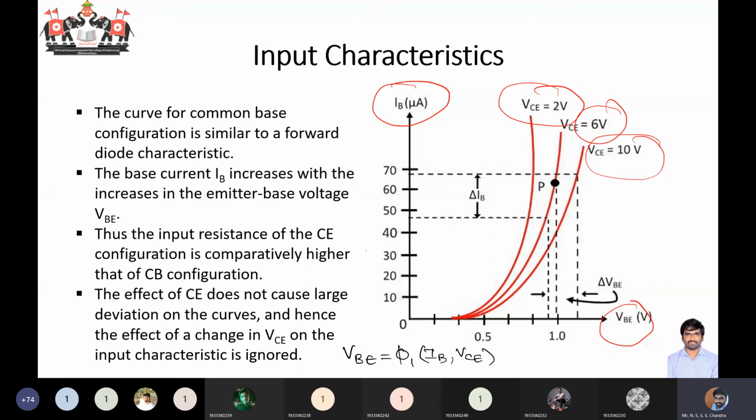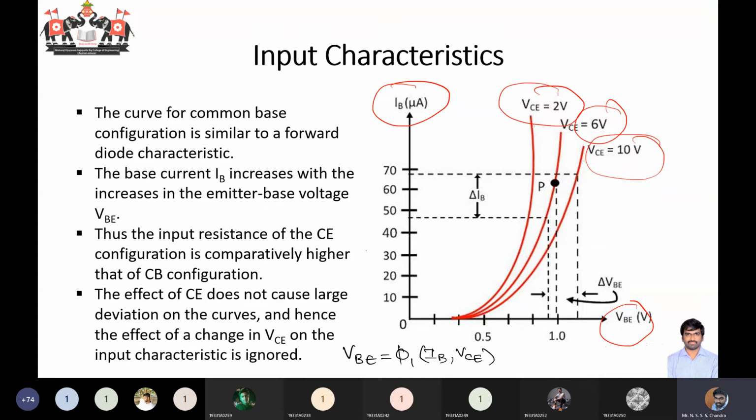So let us see for a given value. When VCE is equal to 2 volts, you get a graph very similar to that of a PN junction diode, because your emitter-base junction is still a forward biased PN junction diode. That's why you get the graph in this manner. If you are increasing the voltage, your graph is shifting towards the right.